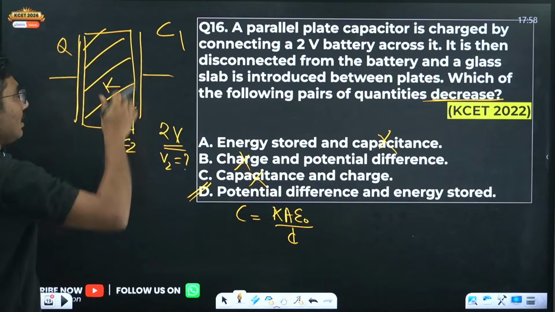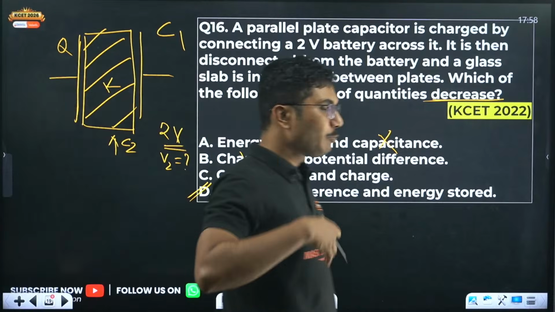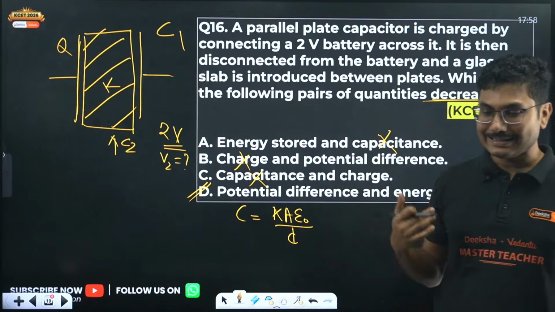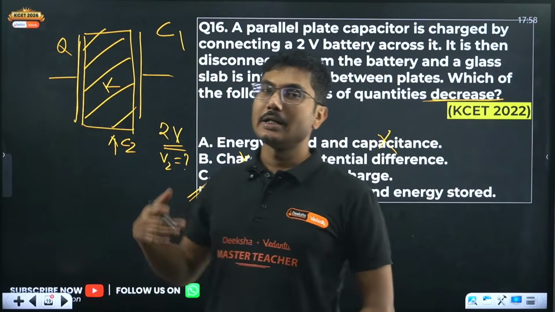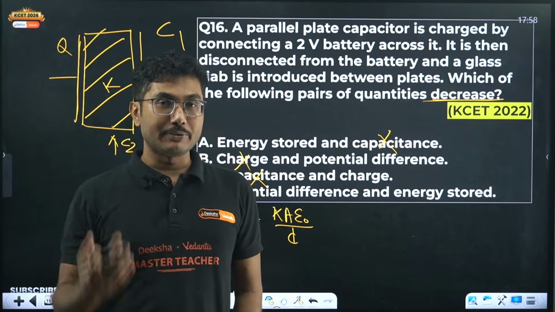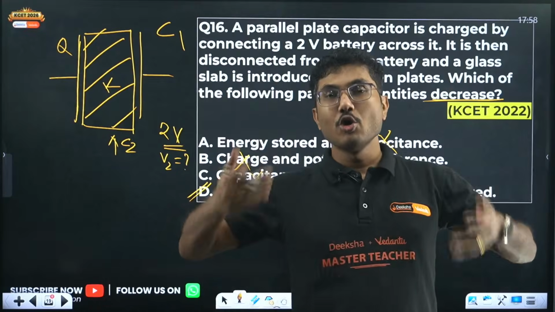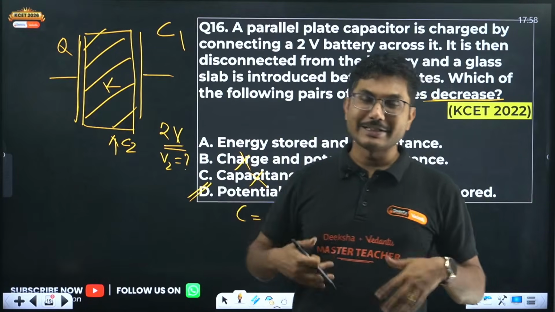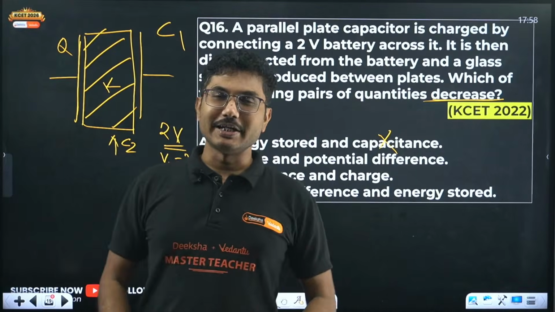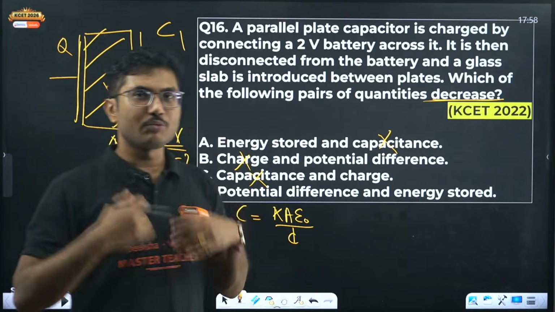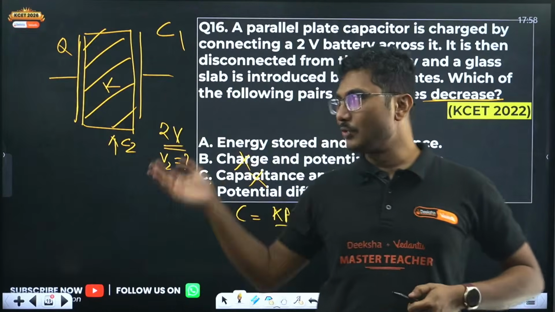If you add a dielectric slab, capacitance increases. Capacitance increasing means the voltage between the plates has to decrease, because now it can store more charge. More charge means it is now hungry, so its potential decreases. Potential is like food to a capacitor.